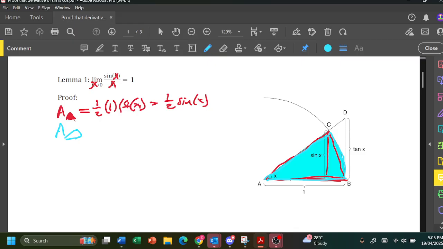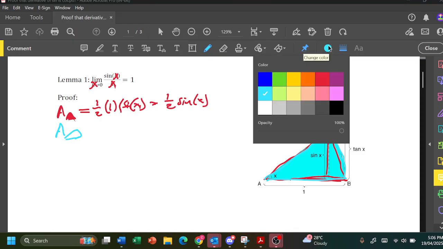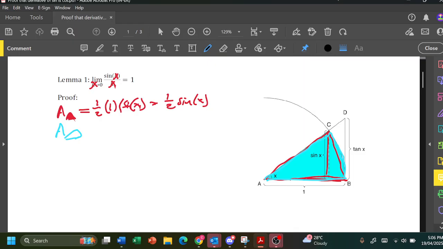Okay, so let's think about that wedge. What we have here is a fraction of the overall circle. If we imagine that the overall circle has a total of 2 pi radians, then we've got x as a fraction out of the 2 pi radians. So that is going to be x out of 2 pi times the area of the overall circle.